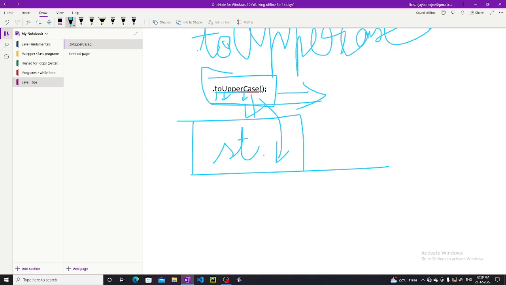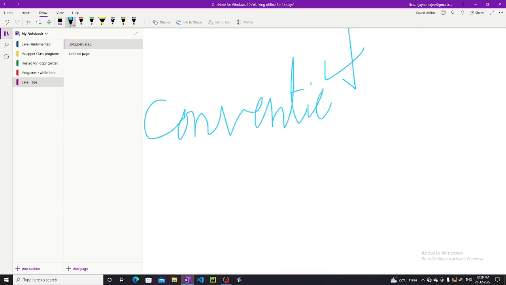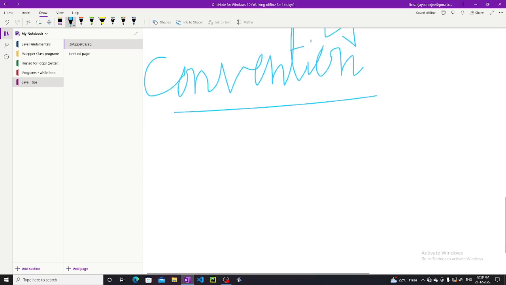For that, there is a convention, not a rule actually, but a convention which programmers follow. In every function you will find this convention used.